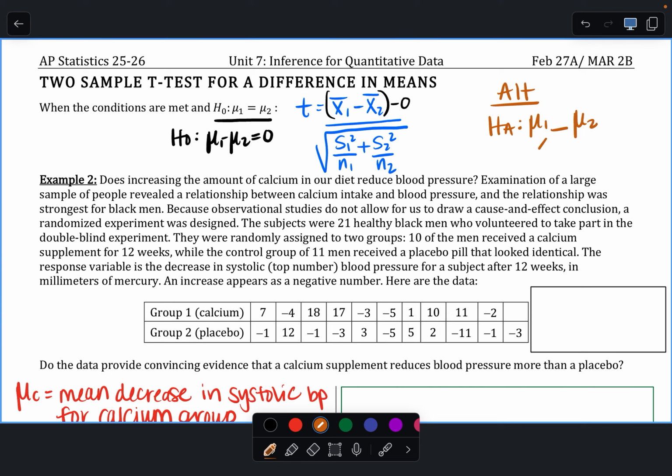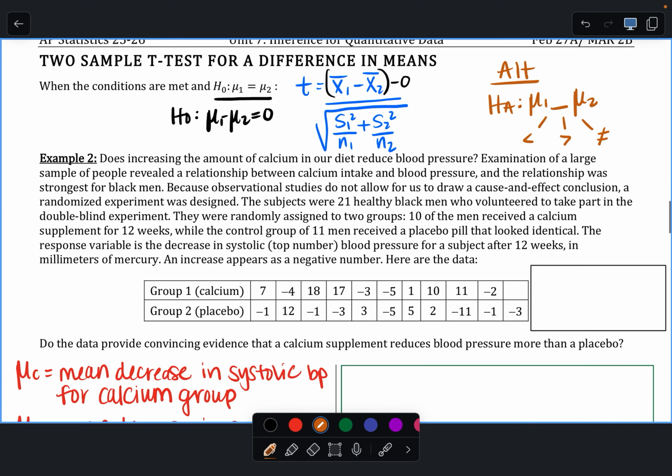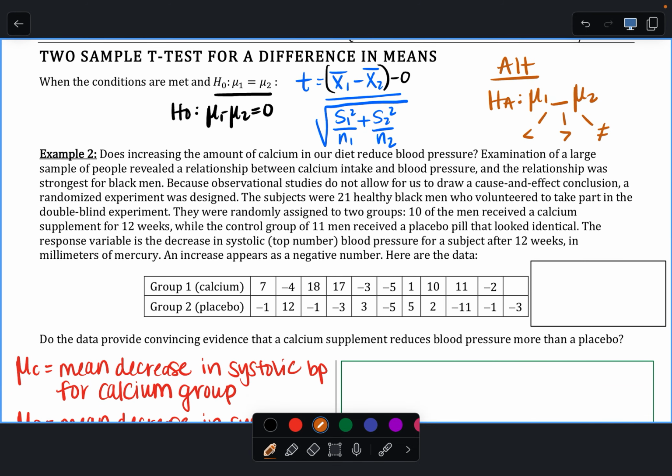And this could either be less than, it can be greater than, or it can be different, not equal to. Is there a change? Any of those phrasings can fill in that blank. So it will come from the question. You should never get a significance test question where you don't know what the alternative is supposed to be. They will give you direction on what they want you to do.